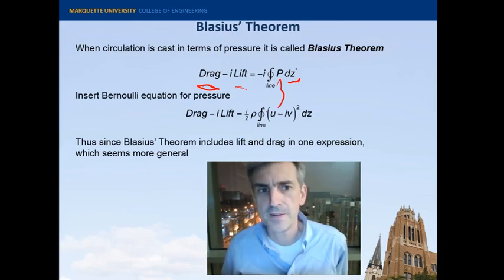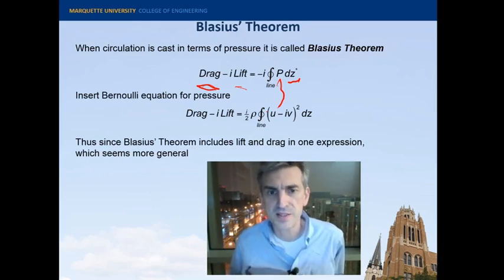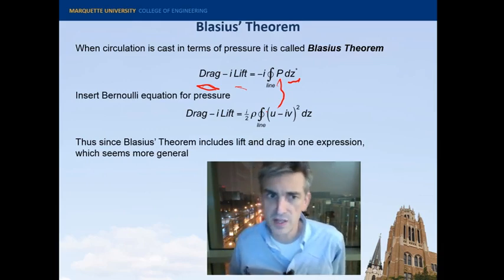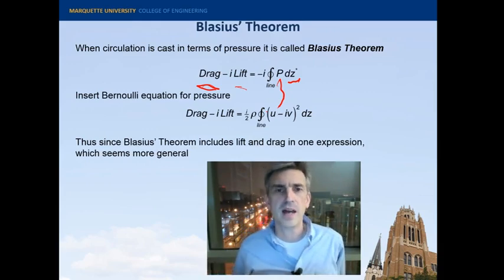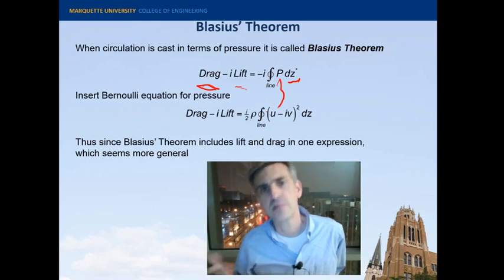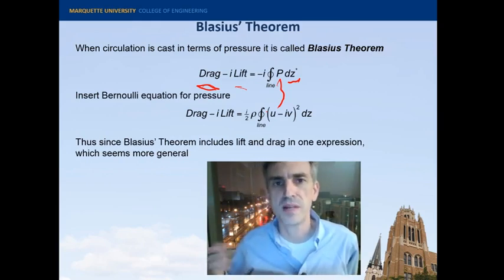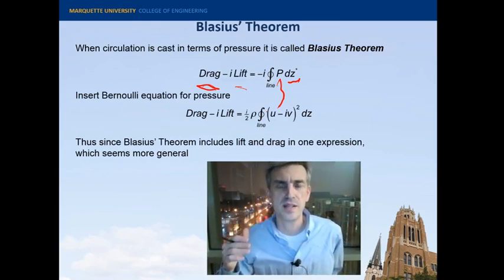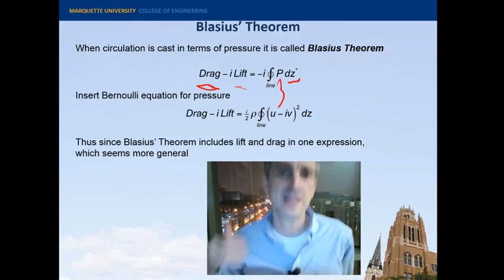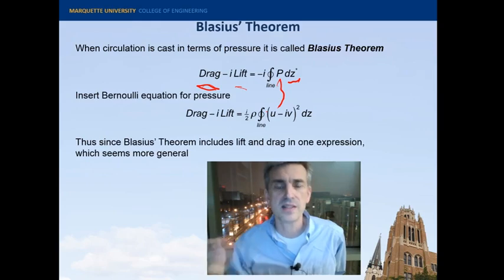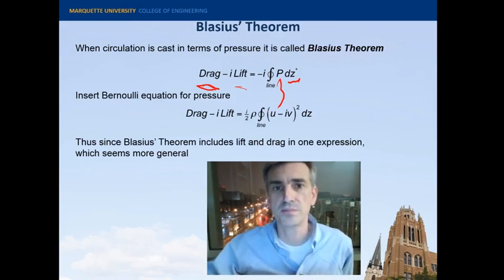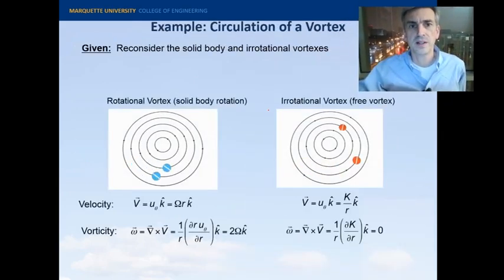Since the Blasius theorem includes the lift and the drag in one expression, it's more general, but I think it's just added complexity that we don't need at this point. But I did want to introduce that we could express the lift and drag as a single function, and this connection is known as the Blasius theorem.